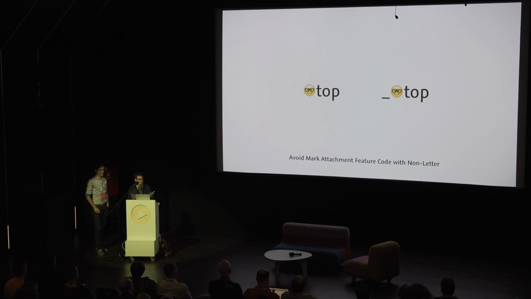So, well, it's no problem in Glyphs. You just use the top and underscore top anchors, but you prefix the name with a non-letter. For instance, hashtag or exclamation mark or something, or you can even use an emoji if you like, because we're Unicode aware. So this would be valid anchor names in Glyphs that do not get exported into GPOS mark attachment code.